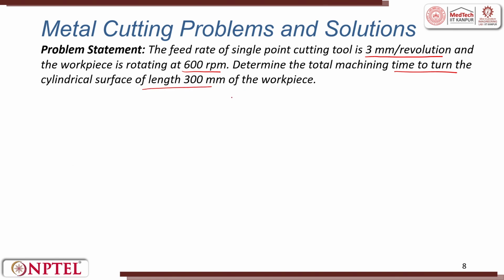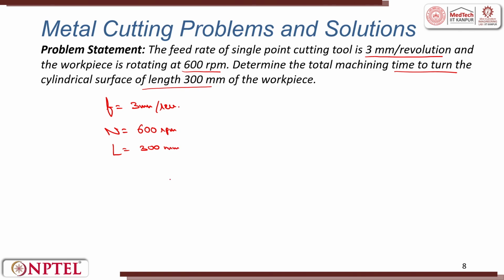So here we have been given 3 millimeters per revolution, that is my F is equal to 3 millimeters per revolution, and I have been given 600 RPM, that is N, the rotational speed of the workpiece, and also the length of the workpiece is given. L is equal to 300 millimeters.